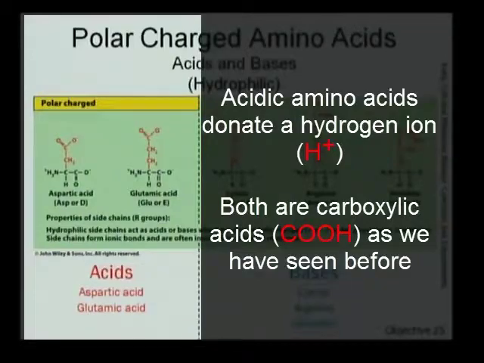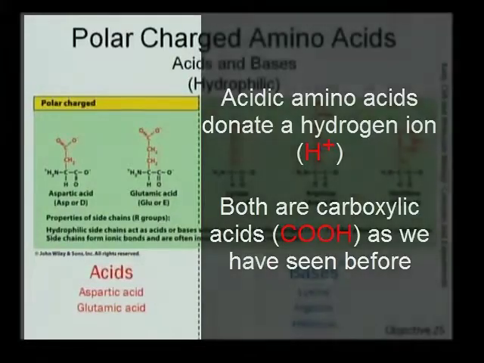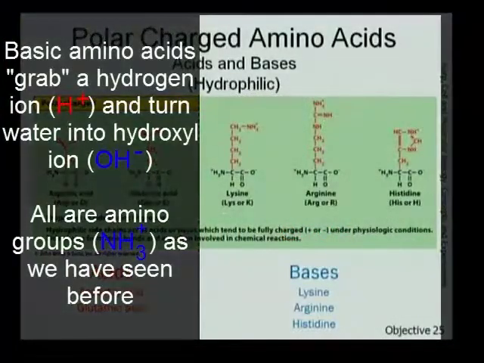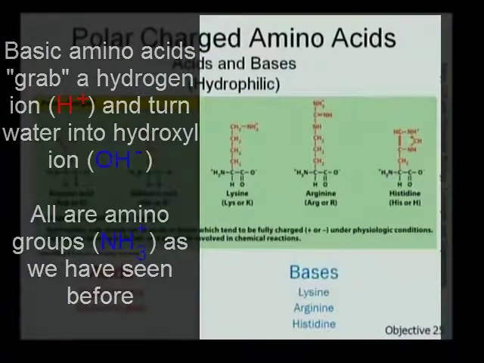So we're going to put those in the acidic category. Lysine, arginine, and histidine, notice the positively charged groups, are examples of basic amino acids.